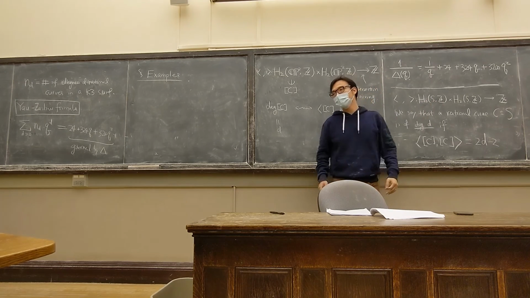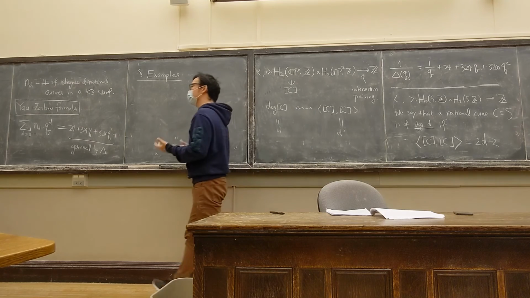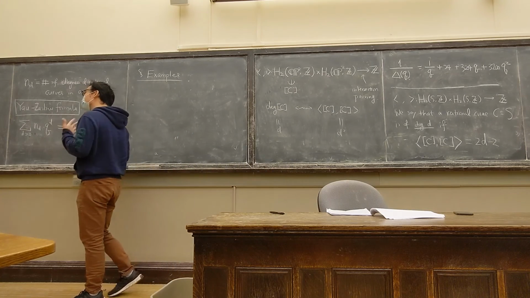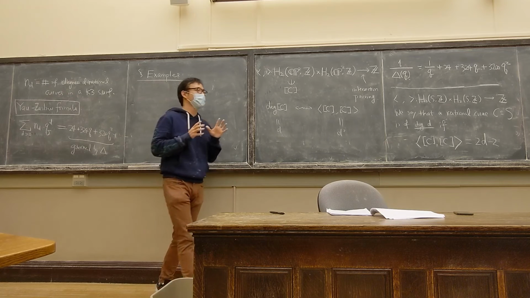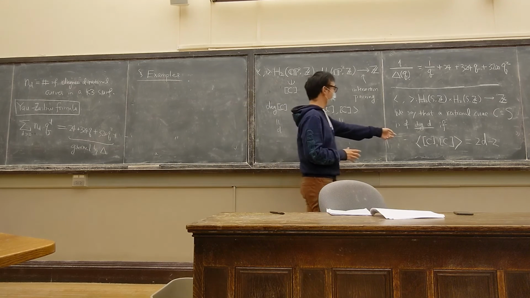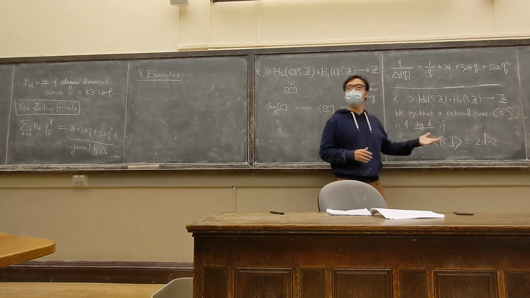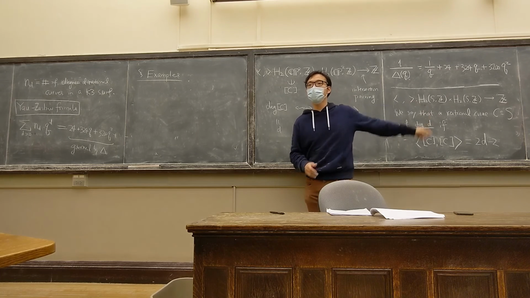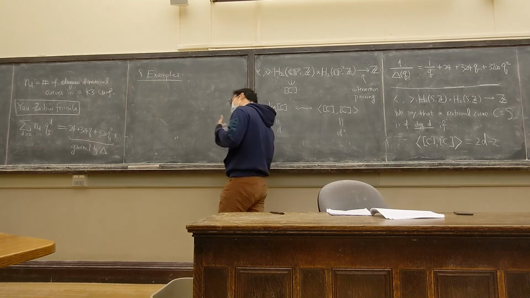So we cannot consider our K3 surface too general. At least we have to consider K3 surfaces such that there is a curve in the corresponding class of degree d.